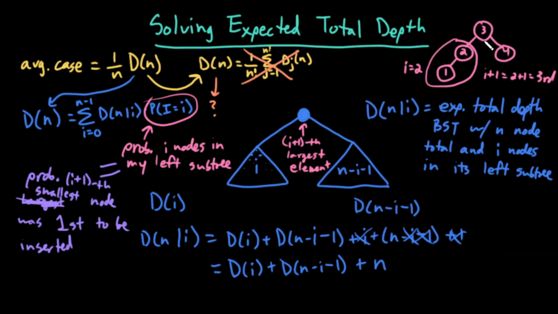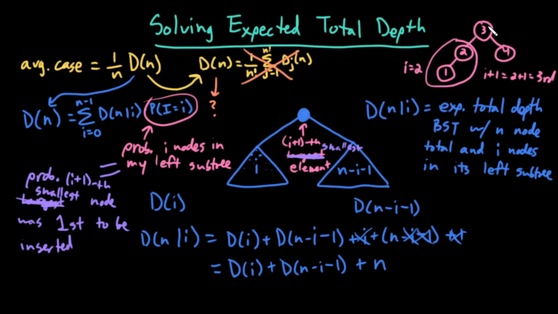So the probability of having 2 nodes in my left subtree is the probability that the third smallest element was the first one that was inserted.